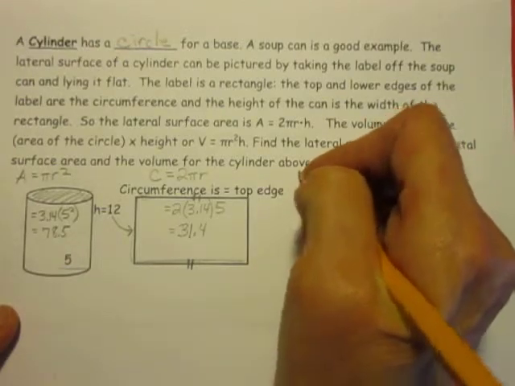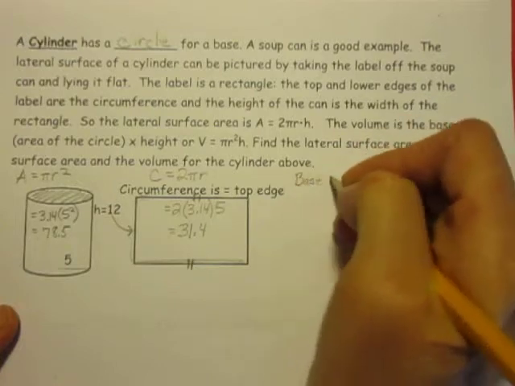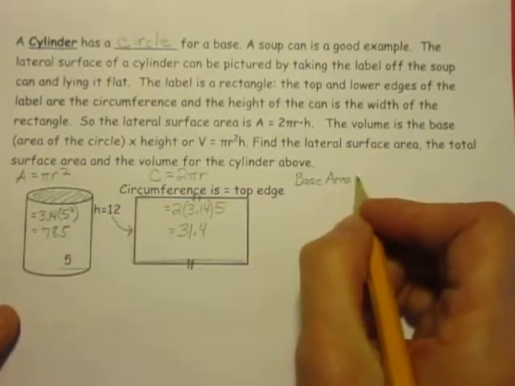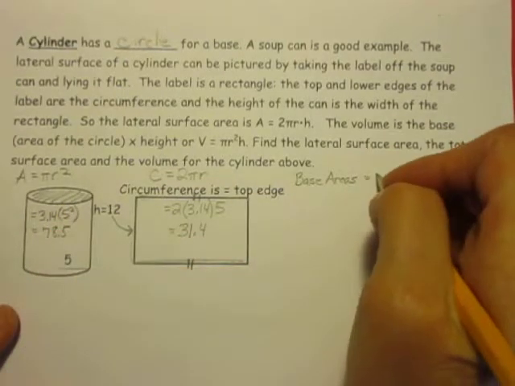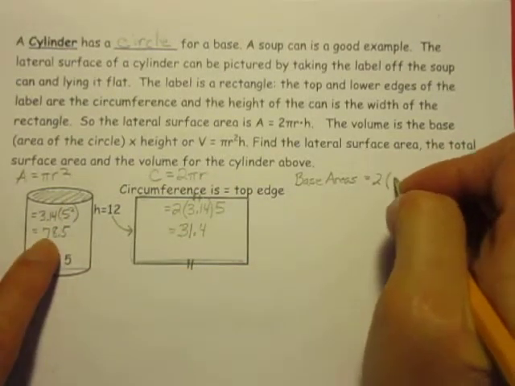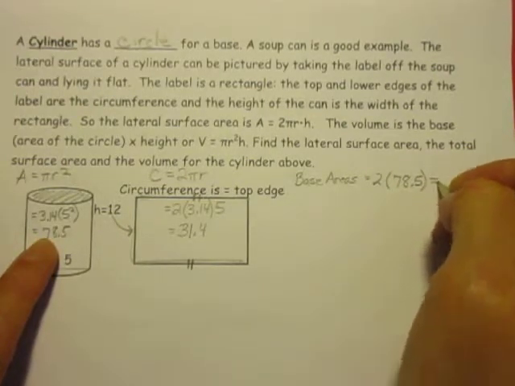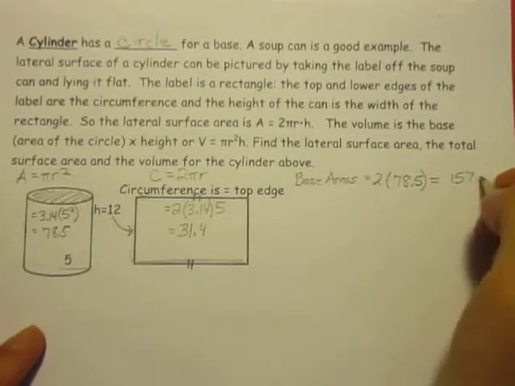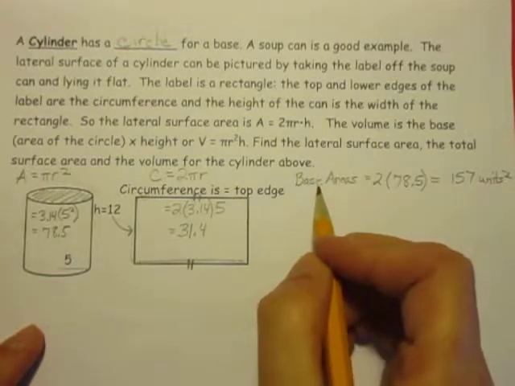Okay, so just like before, we're going to start out finding the total base areas. I said total because I have two of them, the top and the bottom circle. So 2 times the area of each of those circles, which we said was 78.5, gives us about 157 units squared. Okay, that's our base areas.